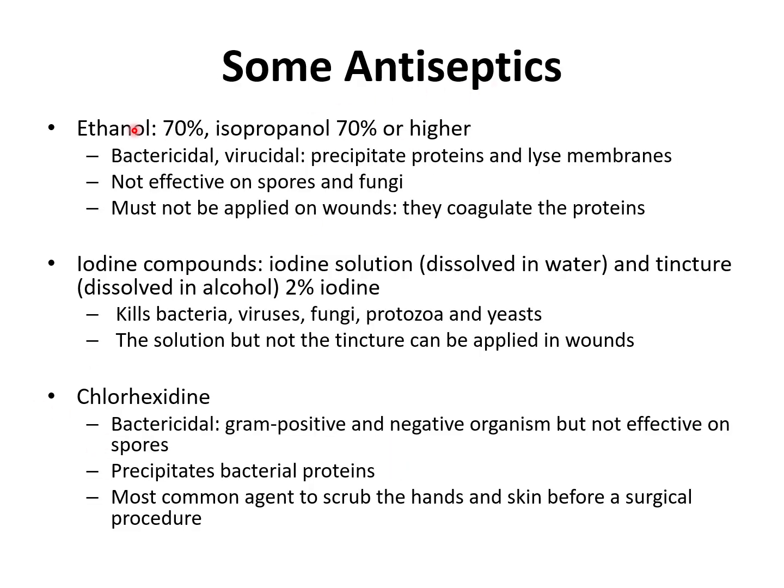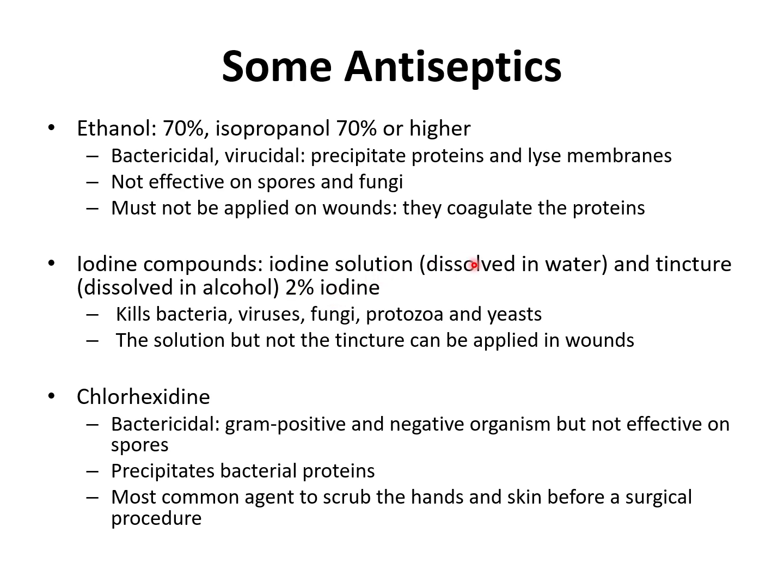Other antiseptics, as we said, alcohol 70% or isopropanol 70% or higher. This is bactericidal and virucidal. It precipitates proteins and lyses their membranes. However, it's not active against spores and fungi. Of course, we don't apply them directly to wounds. They could coagulate proteins and that could be very painful. Iodine, on the other hand, kills everything. 2% iodine is one that is used.